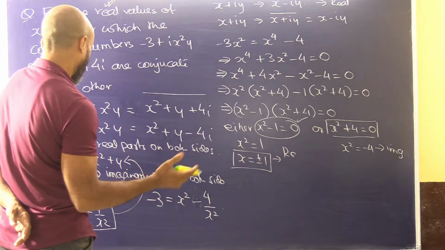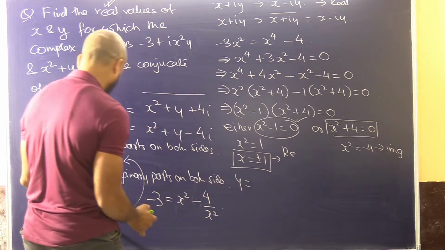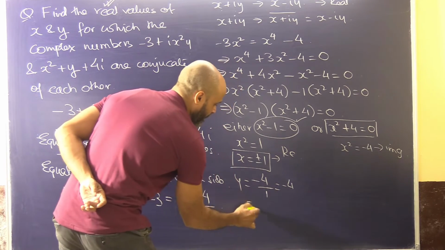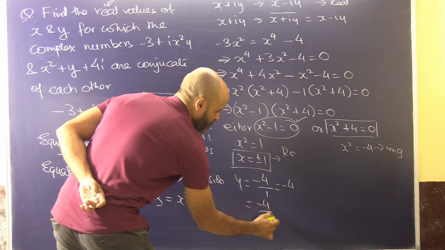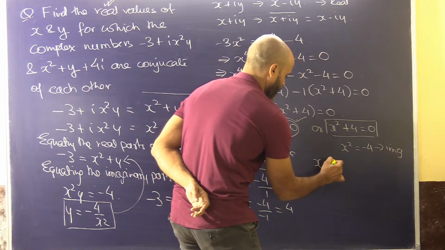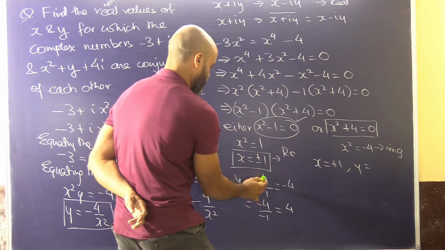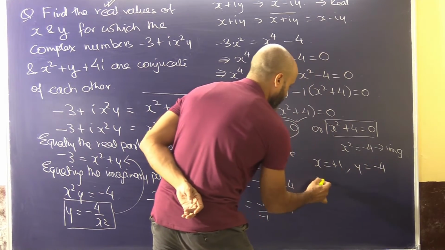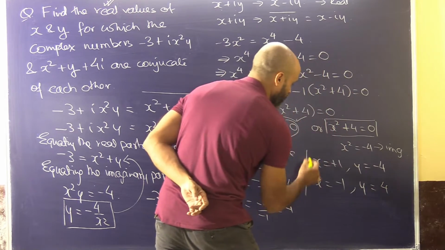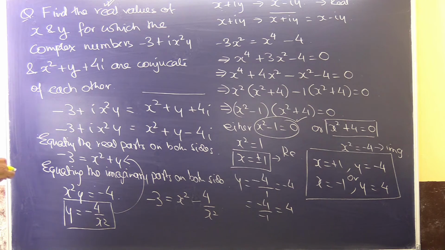Now y will be equal to, putting x = +1, we have -4 by +1, so this will be -4, and -4 by -1 will be equal to 4. So either we have x = 1 and y = -4, or we have x = -1 and y = 4. So these are the two combinations which are possible.